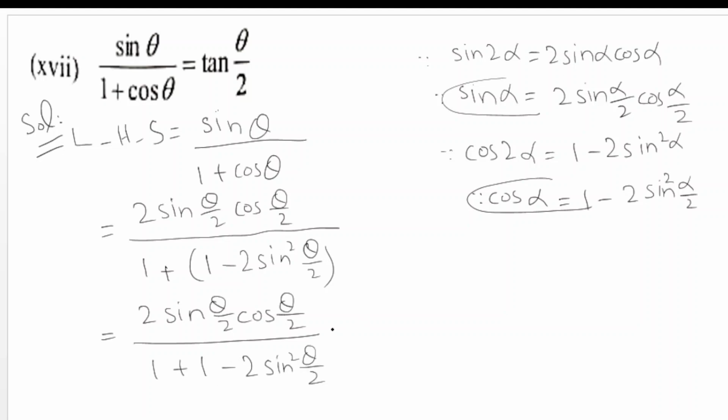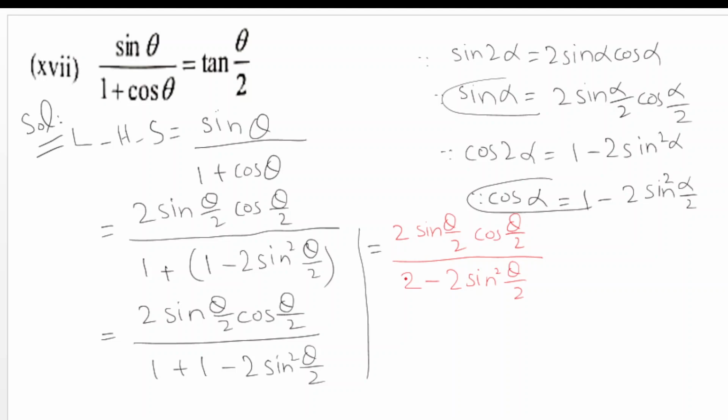Okay, so it will be, let me write here, the upper 2 sine theta by 2 remain as it is, cos theta by 2 remain as it is, and at down, sorry, that will be 2, 1 plus 1 is 2 minus 2 sine square theta by 2.